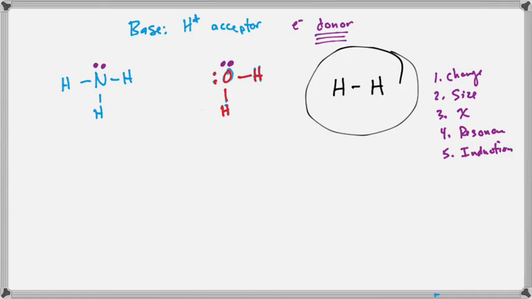Identifying the electron donors or bases. Identifying the reactive electrons. Where are there electrons in H2? There aren't. I mean, technically in the bond, but there aren't. Which means, can H2 act as a base? No. This is why it's very critical to go back to that very first statement.